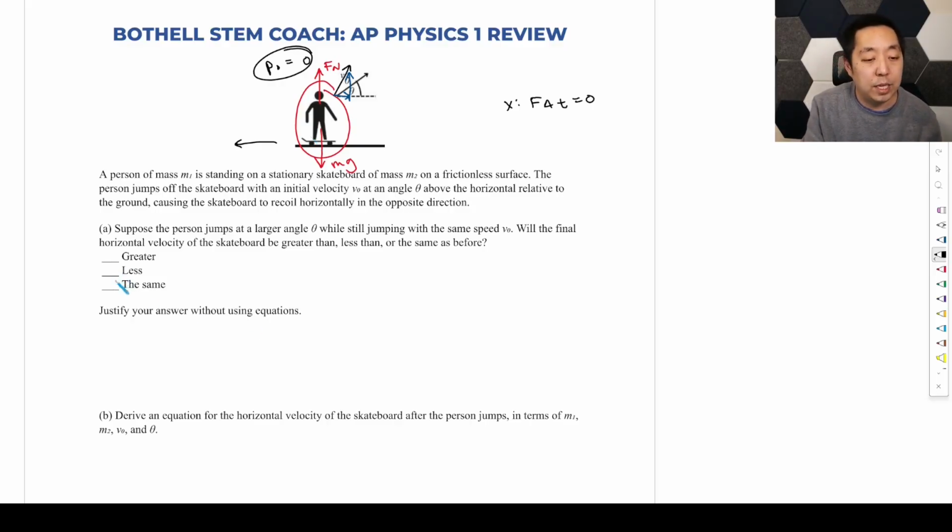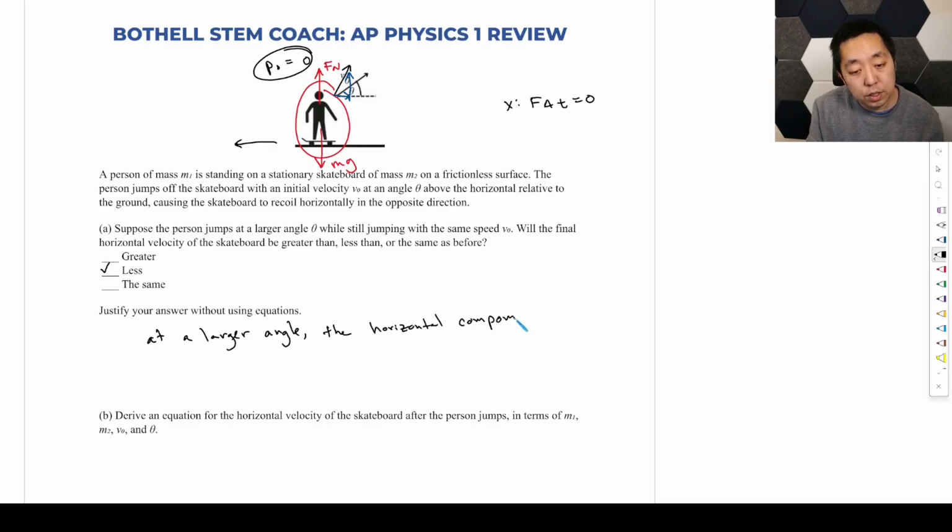Okay, so it's going to be less, and that's because at a larger angle, the horizontal component of momentum of the person decreases.